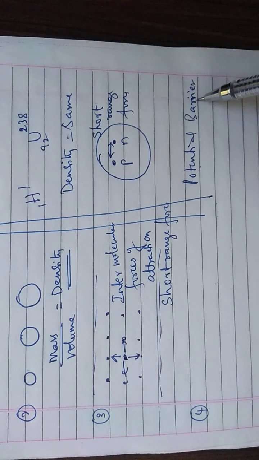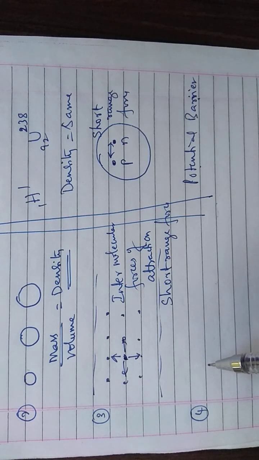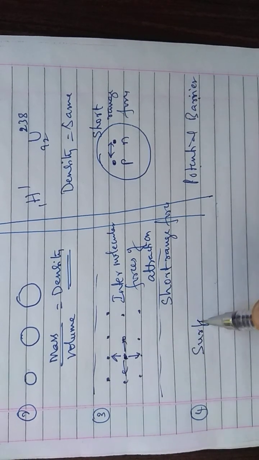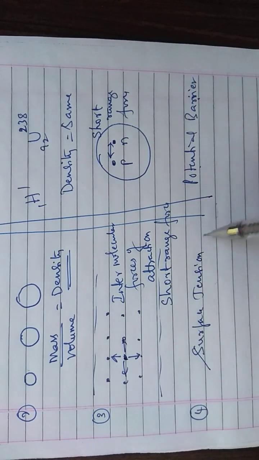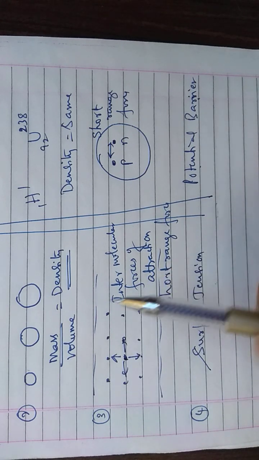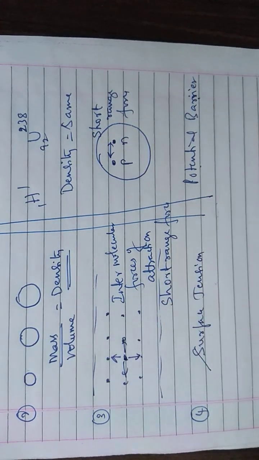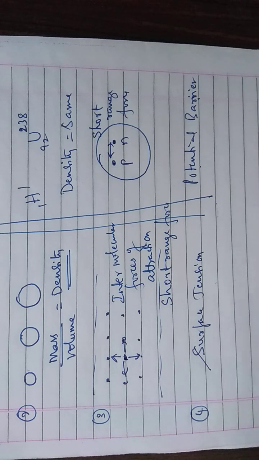Whereas in the case of a liquid, on the surface of the liquid, there is surface tension. Strictly speaking, due to the surface tension only, the liquid drops are spherical in shape. So surface tension is acting on the surface of a liquid droplet. In the case of a nucleus, there is a potential barrier present on the surface of the nucleus.